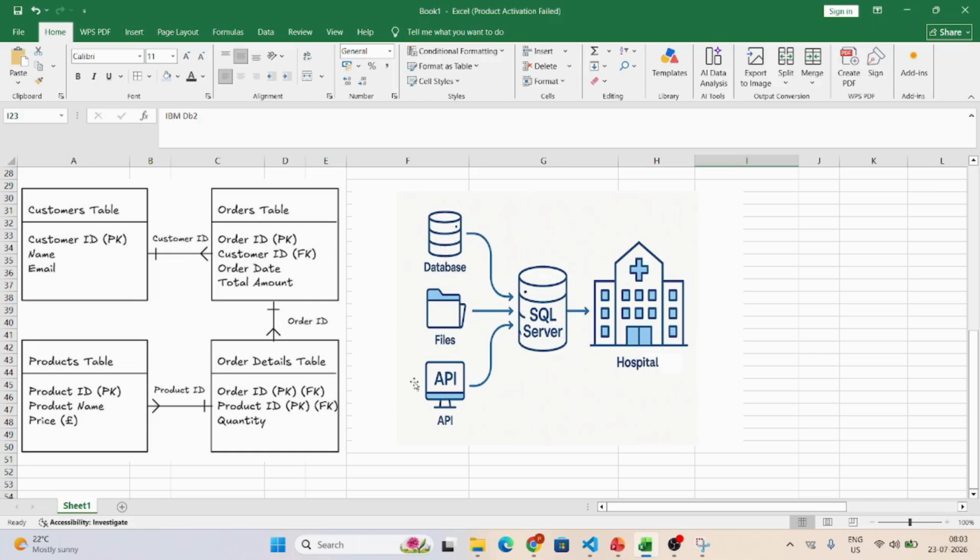So applications run on those databases and SQL servers.